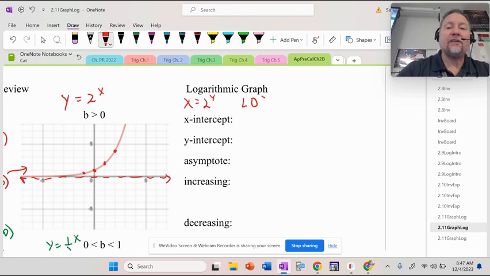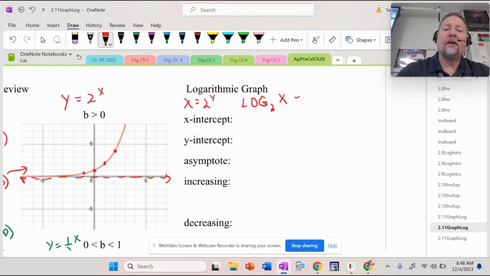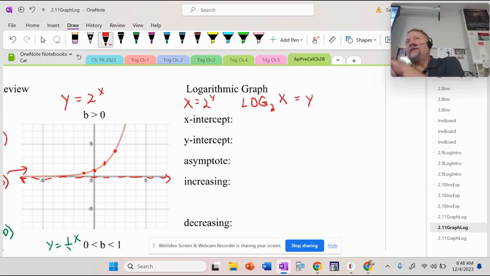This is how I just want you to do it. There's another way, but it's whatever you do to one side, I do to the other. When I throw the word log in here, the base becomes 2, x becomes the argument, and then y, the exponent, gets isolated by itself. So the whole point of a logarithm is getting the exponent isolated.